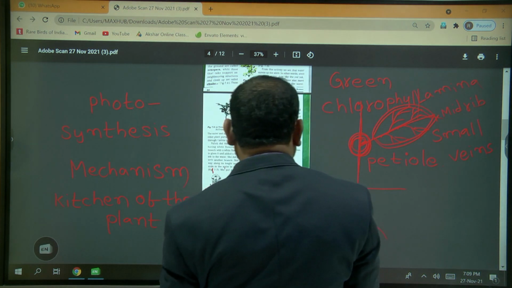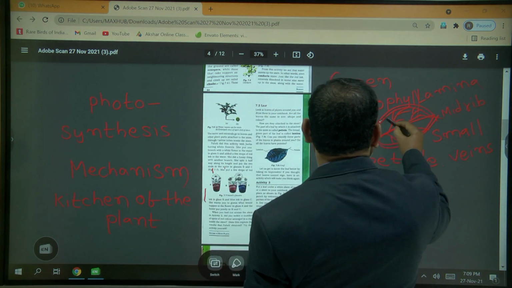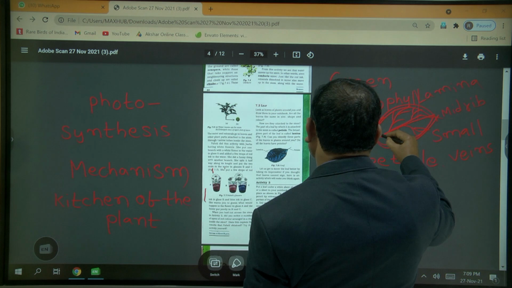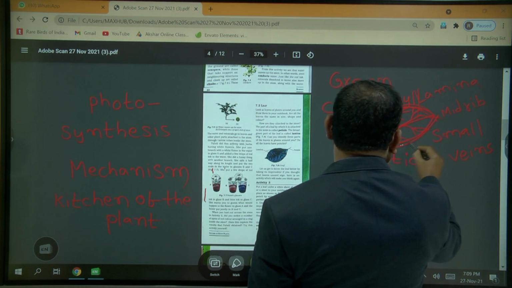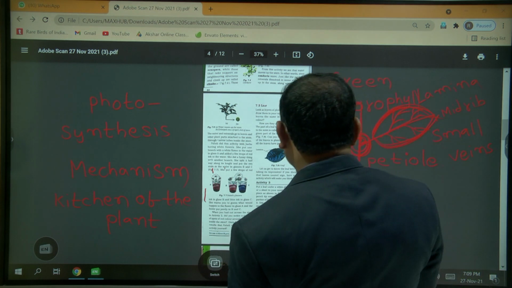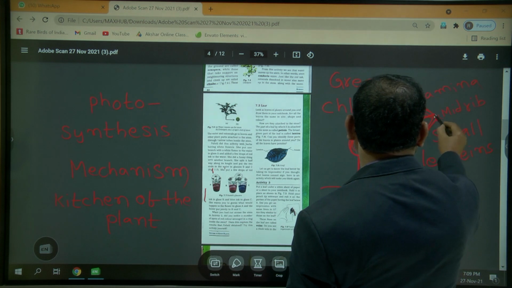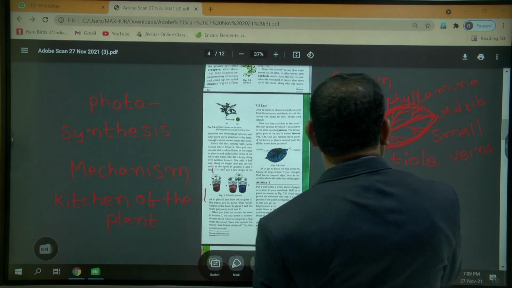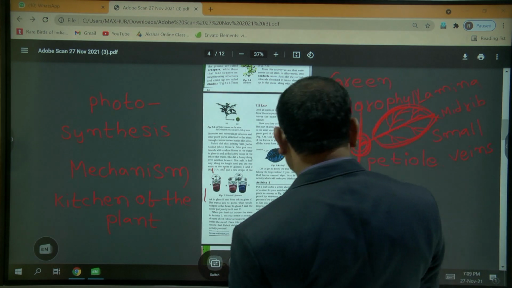Next part is the broad green part of the plant. The green part of the leaf is called lamina. In that lamina, the main important part in the middle is called midrib. What are the parts at the side? Those are called veins.